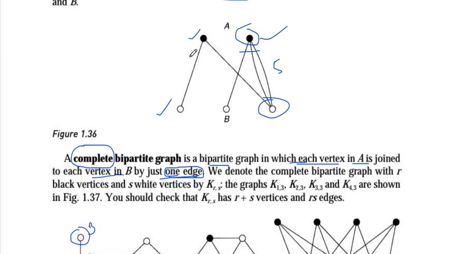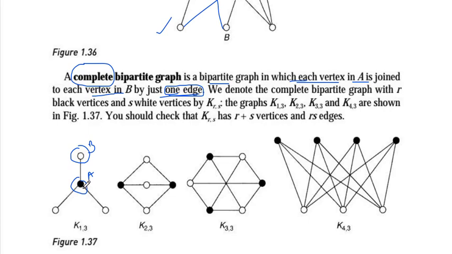Here you can draw an edge like this, and like this, so this is not complete. For it to be complete, you have to remove this first edge and then connect these 2 edges, then you can say this is a complete bipartite graph. For complete, each vertex is joined with only one edge.